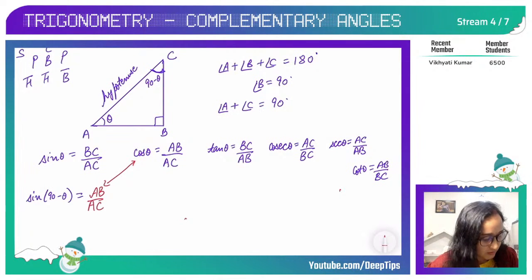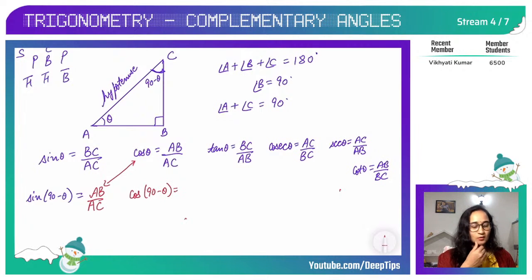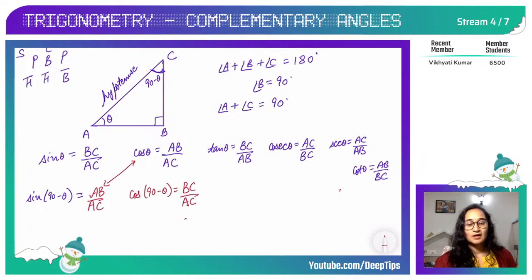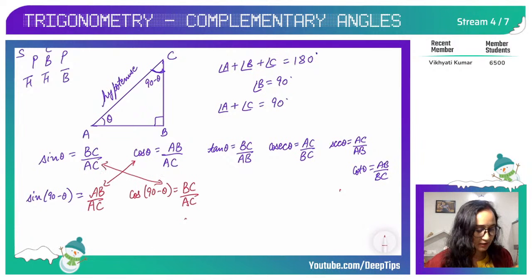So now when I am taking cos 90 minus theta, cosine is base upon hypotenuse. So here my base is BC and hypotenuse is AC. So you can very well see that cos 90 minus theta is the same as sine theta.